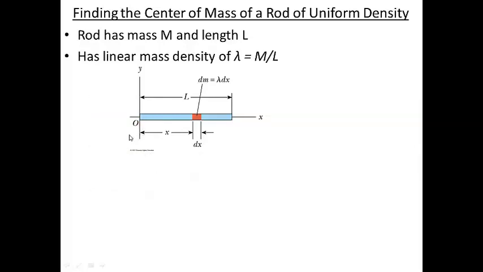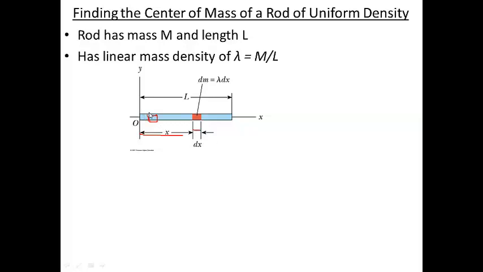So again, we are finding the center of mass along this x-axis here. Now what we've done here is we've said, okay, here is a piece of this rod, and this piece has a length of dx. Remember, d from calculus stands for a small change.